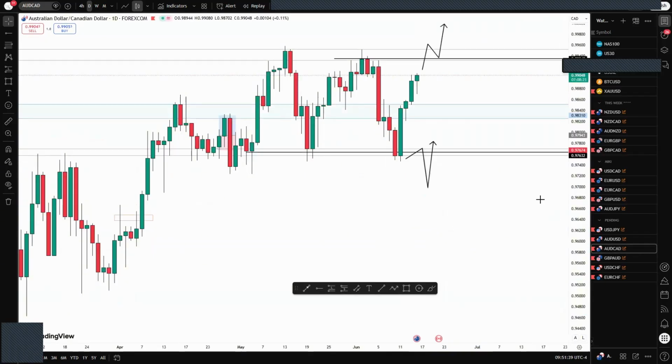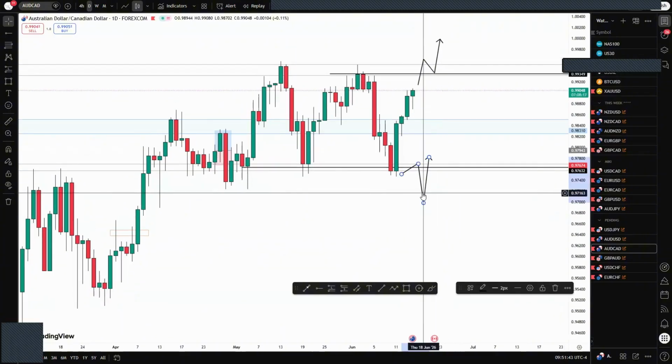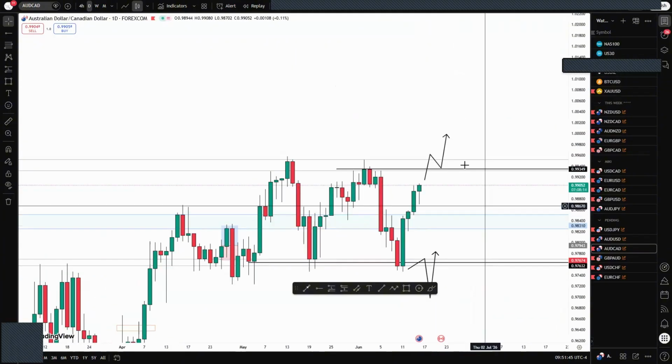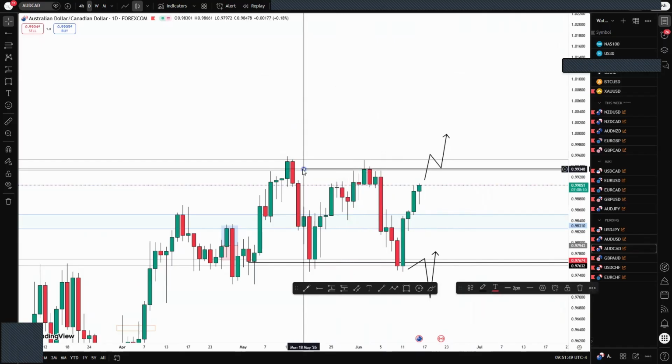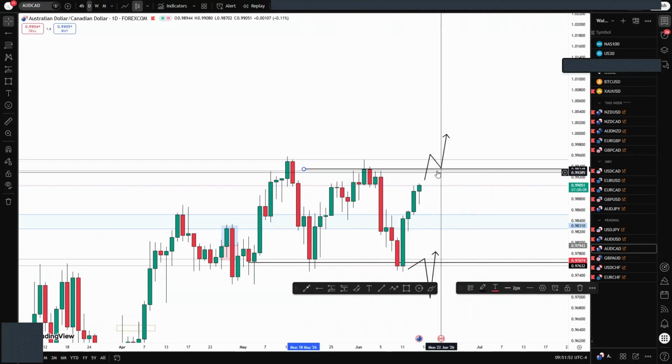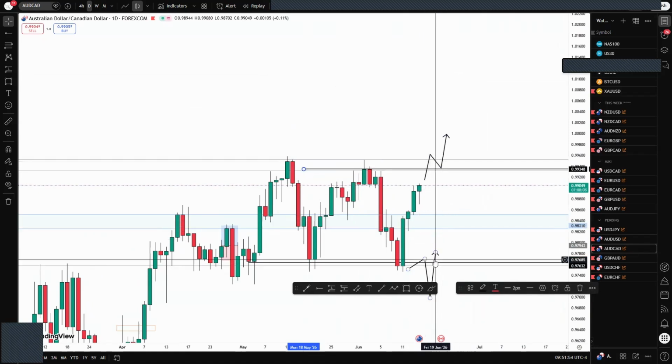AUD CAD, the same thing. Waiting for it to shift here. But you can see price is trying to break above here. So when price breaks above this level, then we can start looking for buys now. Okay.